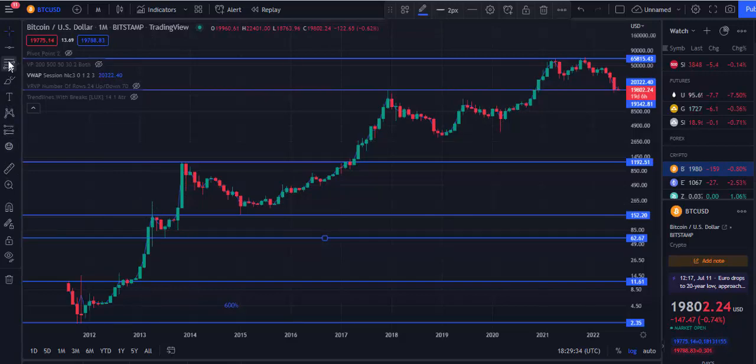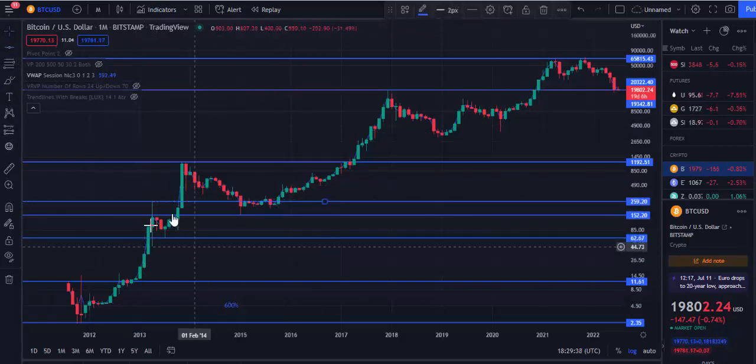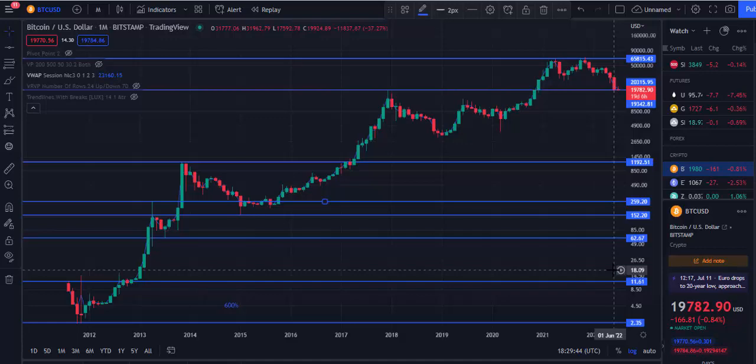It went to as high as 260. On getting to this 260, you can see it here, then it retraced back down to 62. So 260 from 62, you can see the difference.